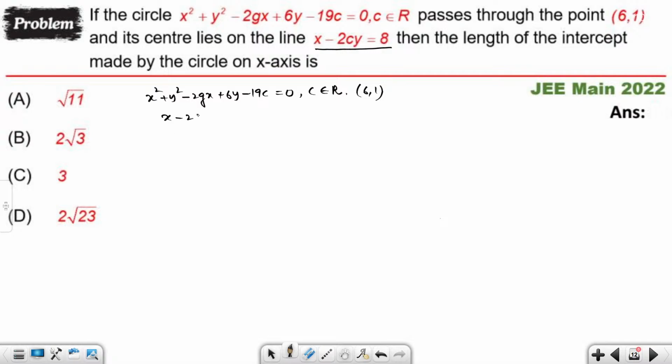Your center is lying somewhere on this line. Then you have to find the length of the intercept made by the circle on the x-axis.